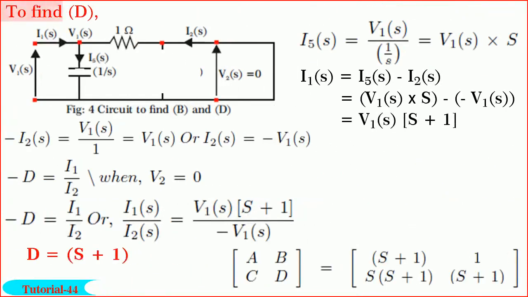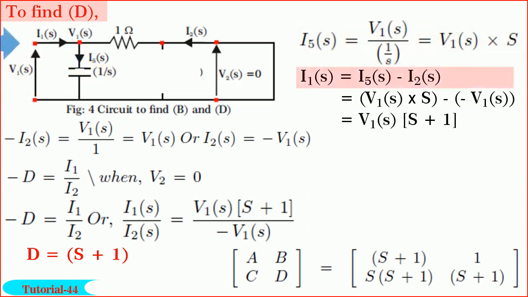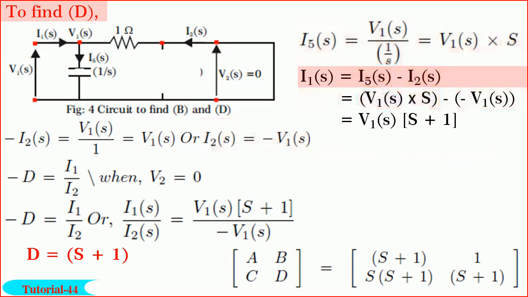Similarly, to find D, we have I phi(s) equal to V1(s) divided by 1/s, which will give us I phi(s) = V1(s)·s, and I1(s) = I phi(s) minus I2(s). Note this. By substituting the values and solving, we get I1(s) = V1(s)(s + 1).